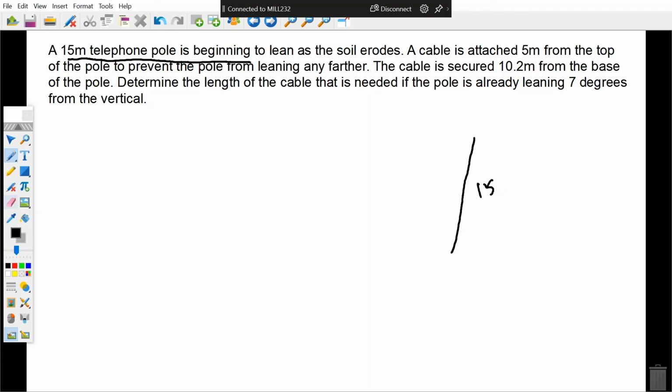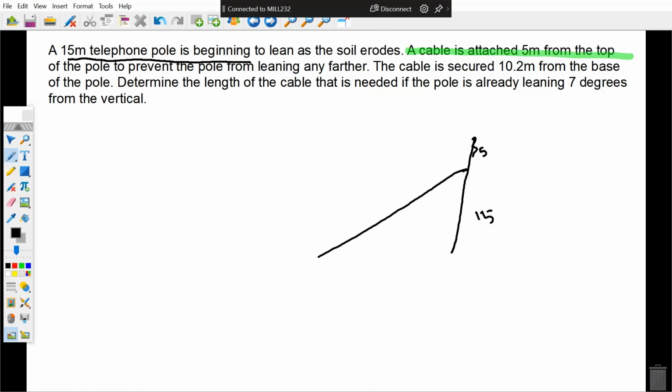Now, it tells us that a cable is attached 5 meters from the top of the pole. So 5 meters from the top of the pole is like right there. So this little piece here is 5. This cable goes all the way down to the ground. Okay?